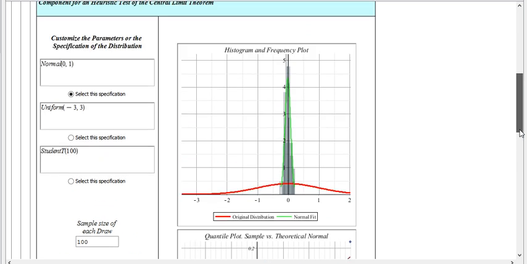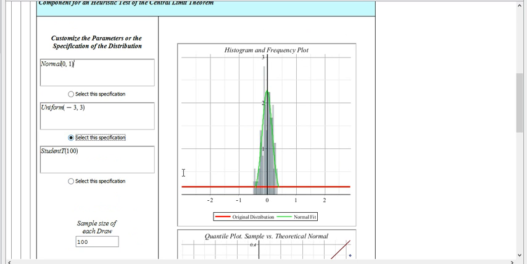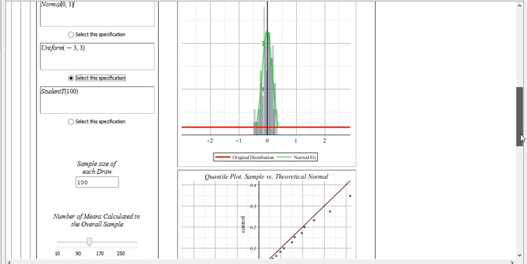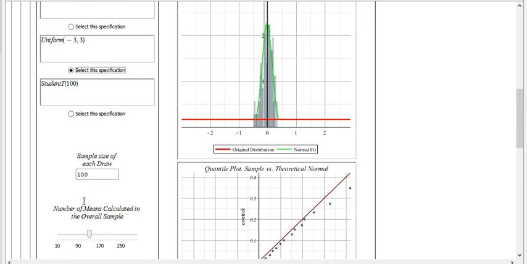So let's just start with an example where we select a uniform distribution. Look at this. This red line shows a uniform distribution that goes from -3 to 3. Then we run 100 draws, and for each one of those 100 draws, we calculate the sample mean, and we repeat this exercise, as we see here, about 130 times.